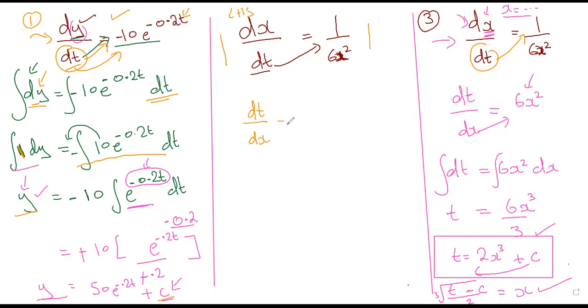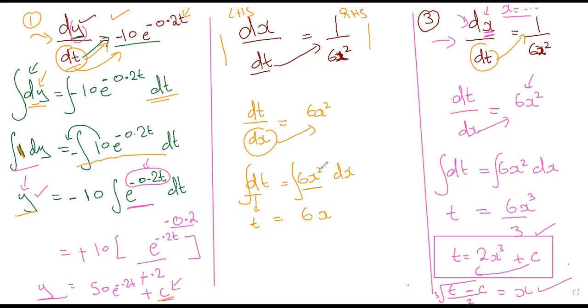And what is the reciprocal of the right side? 6x squared. Very good. Okay. And now when I take this to that side, things again are good enough. We have dt, and now 6x square is with dx. Now I am in the form of integrating it as we were doing before. So this would give me t. And how do we integrate 6x square?